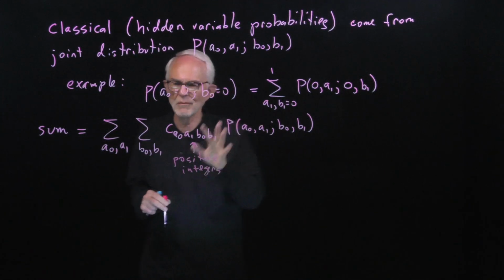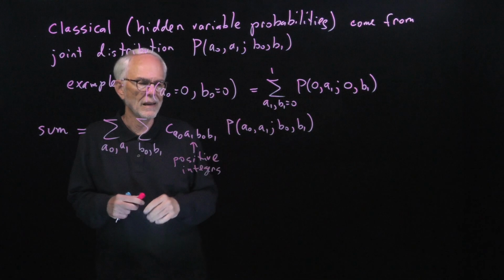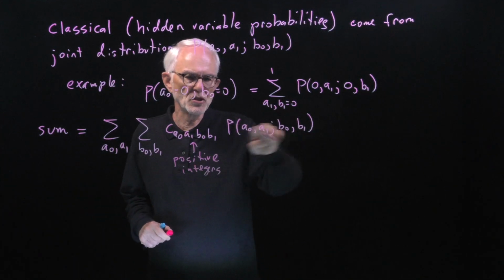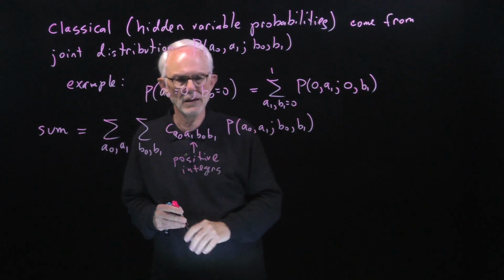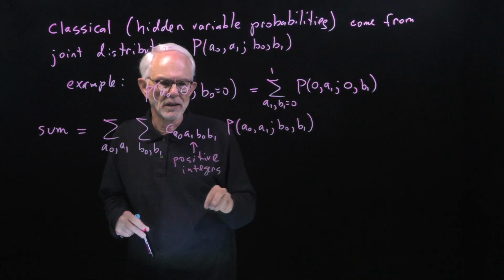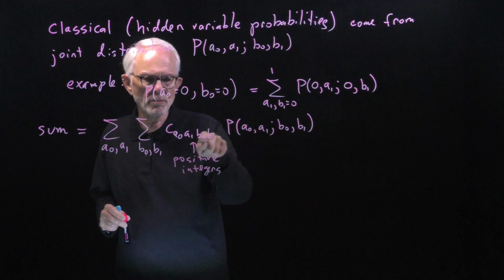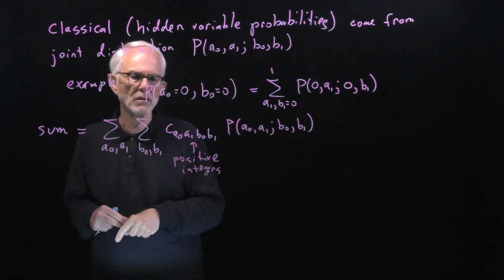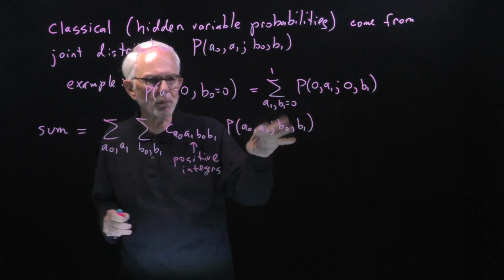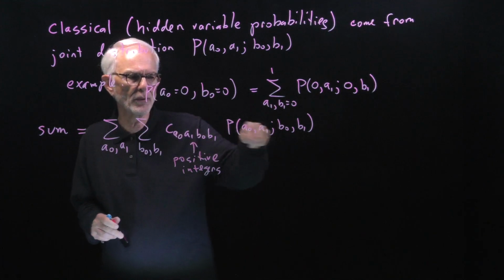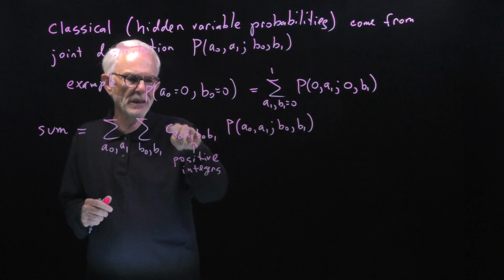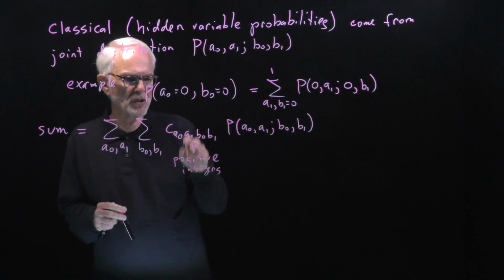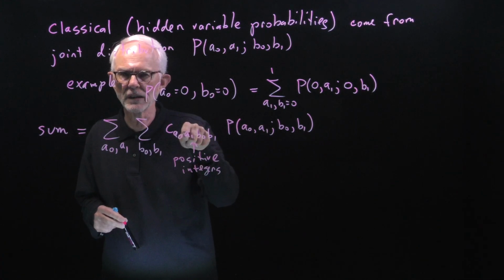Now, we want to find the maximum value of this sum. The sum of all of these probabilities without the C's is simply equal to 1. And that means that what we do is we look for the biggest value of C here, and then we put all the probability into that value. Remember, we can choose this any way we want. So we find the biggest one of these, and then we just assign that a probability of 1.